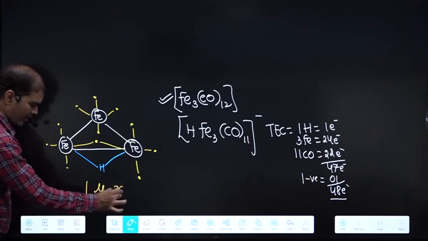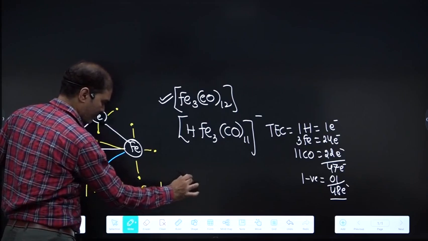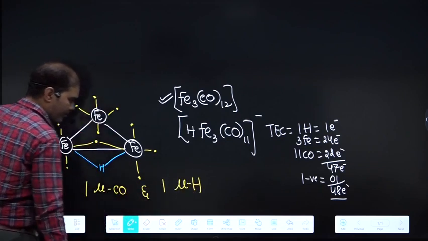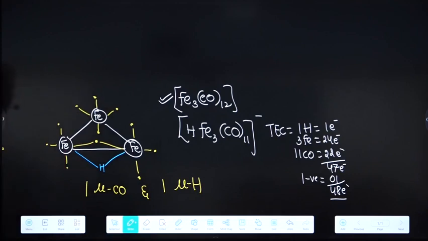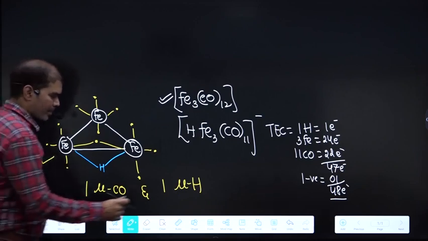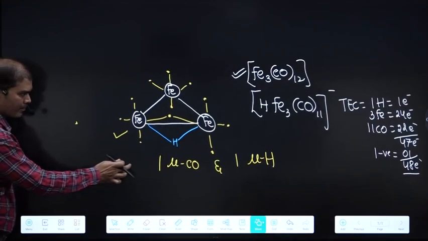One mu carbonyl and one bridging hydrogen. This is a very, very important point. One bridging carbonyl and one bridging hydrogen.